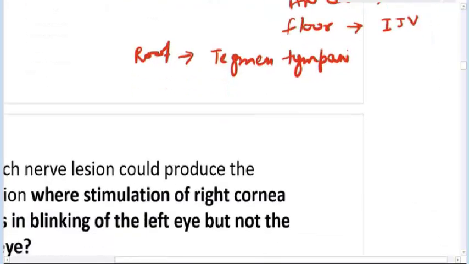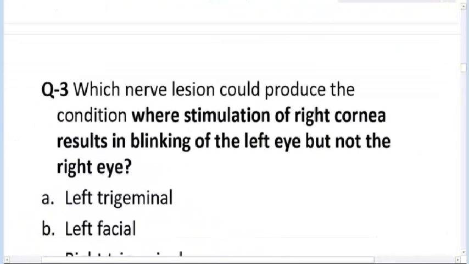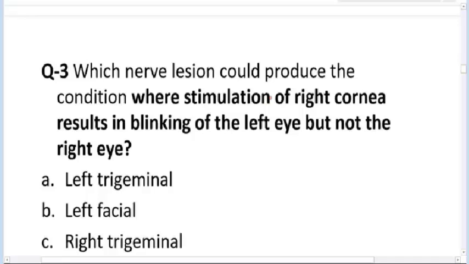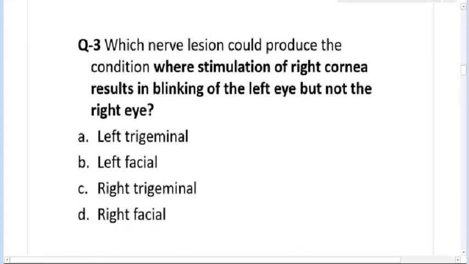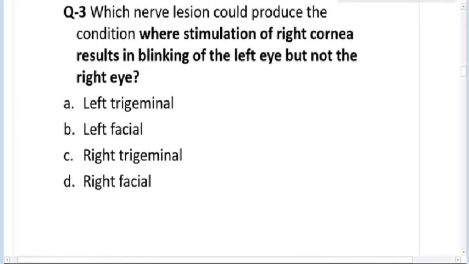Coming to next question, which nerve lesion could produce the condition where stimulation of right cornea results in blinking of left eye but not the right eye? That means we have contralateral blink intact but ipsilateral blink absent. So to understand this, we need to understand the basic anatomy of the blinking.